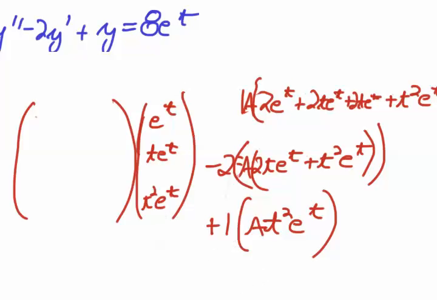I like to go crazy with matrices just to make sure I've got everything in the right order. We've got 4 times t e to the t, and we've got 1 t squared e to the t. Down here we've got negative 2 times 2, and here we've got negative 2 times t squared.